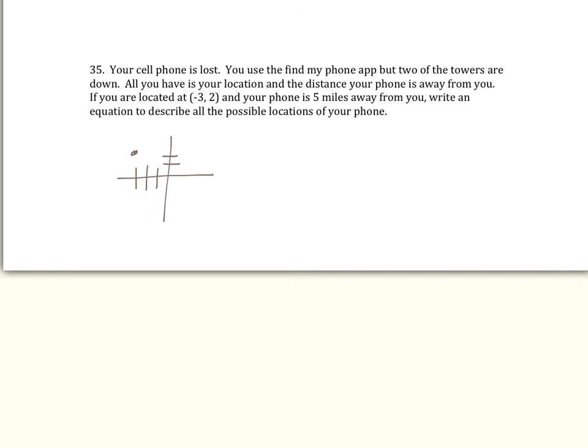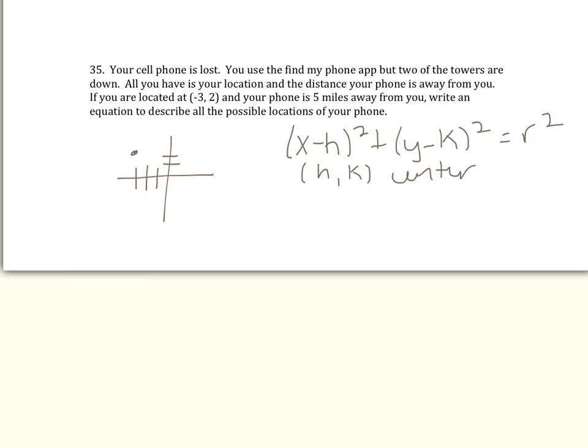And if we go back to the equation for a circle, it's (x minus h) squared plus (y minus k) squared equals the radius squared. And that's where h and k are the center of the circle. Well, we already know the center, so I can literally rewrite the equation.